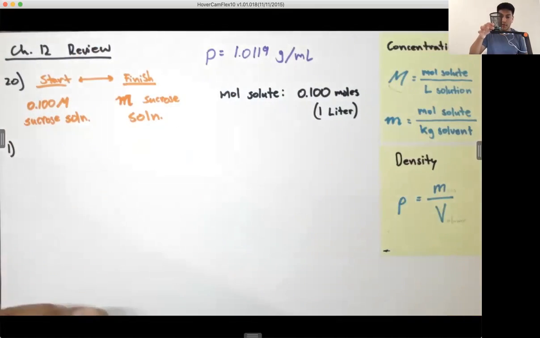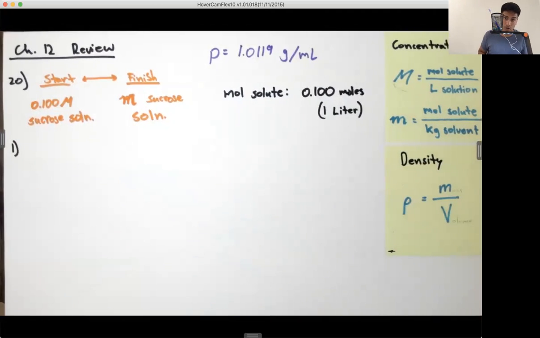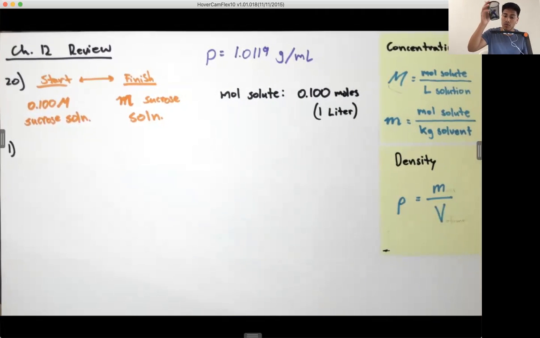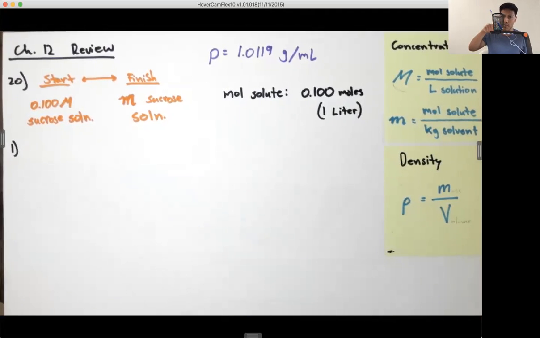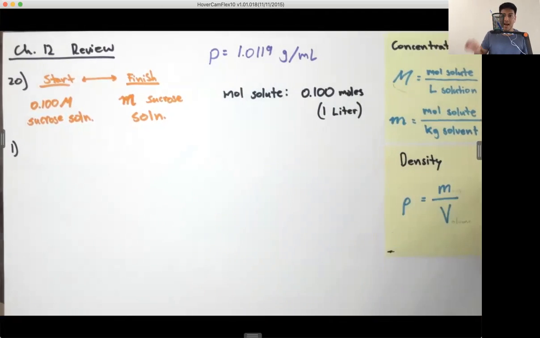I have a cup of solution. In my cup of solution, let's say I add some mass of solute, and now let's say that this is a scale, I measure this, and I know the mass of this whole thing, which in this case would be the density. I know the mass of the solution.